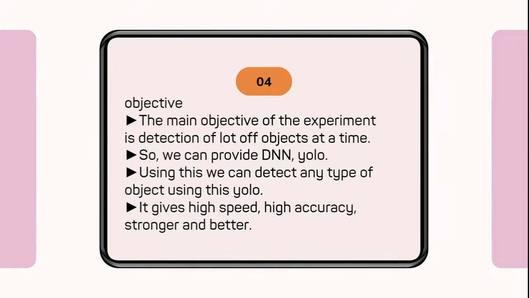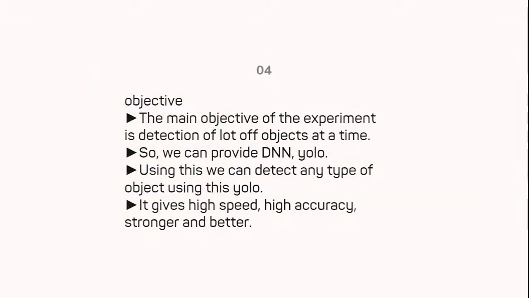You can go for either one or two detections, but with object detection, a particular frame can have multiple objects inside, and the main objective is to detect a lot of objects at a time. So we can provide the deep learning neural network YOLO. Using this we can detect any type of object, and it gives high speed, high accuracy, and stronger, better results.